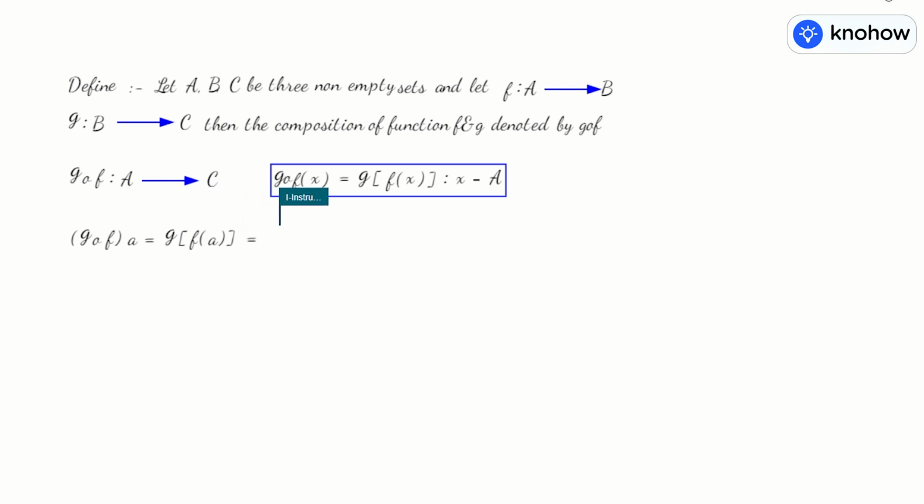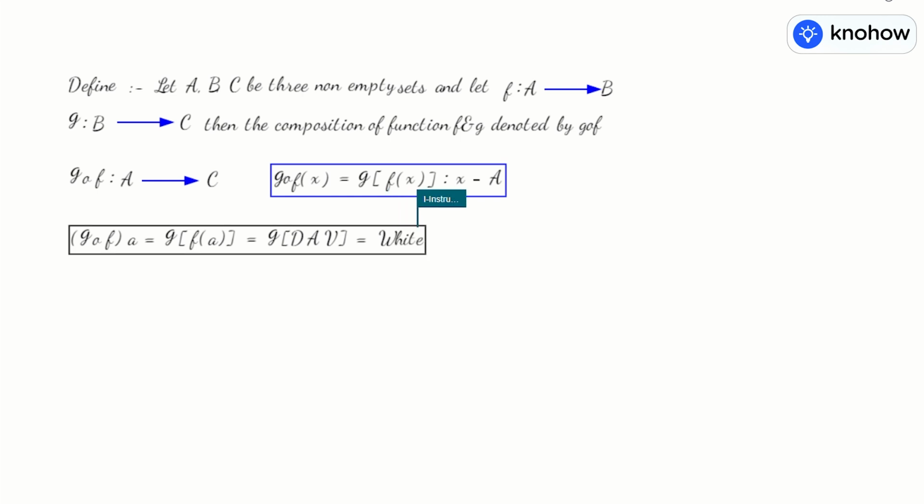So it is G of DAV. And now what is the job of G? The function G assigns the color of uniform. So what is the color of DAV school? That is white. So directly an element small a of set A gives you an element of color, that is white. That is the simplest kind of example of composition of functions.